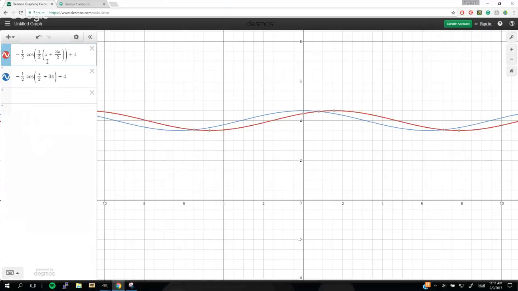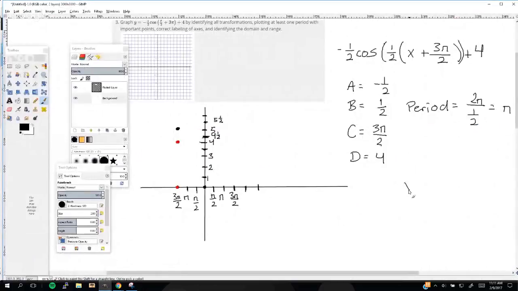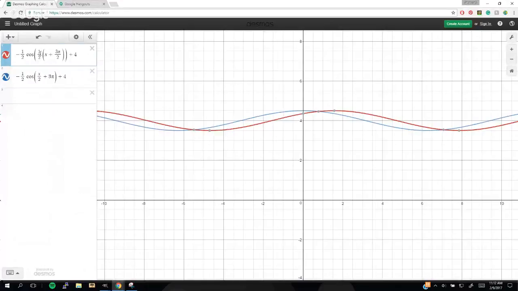What was B again? We have B as 1/2. And originally the equation was x over 2 plus 3 pi. Just in your calculator, do 2 divided by 0.5. It's 4. So if that's 4, then that would mean that when we pull that out, is B supposed to be 2?